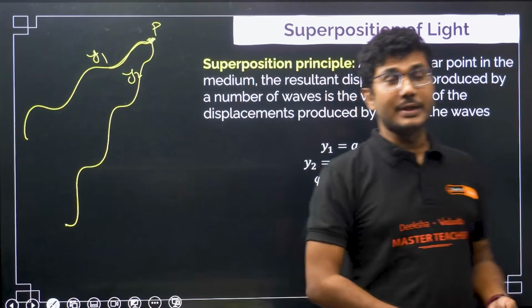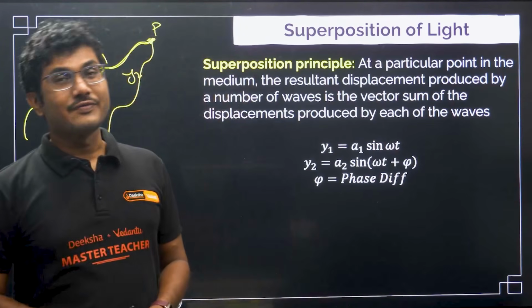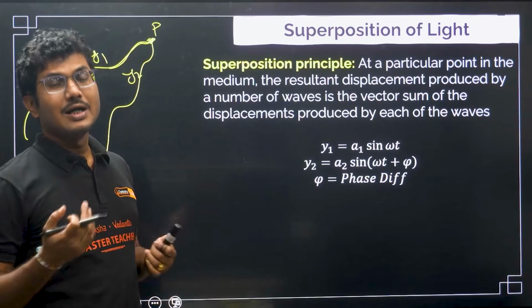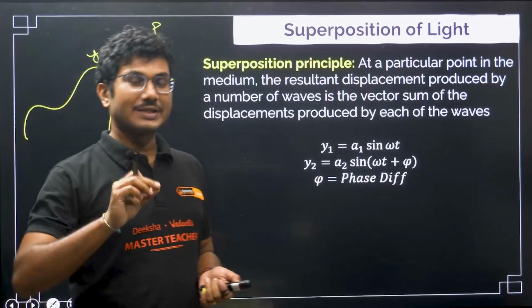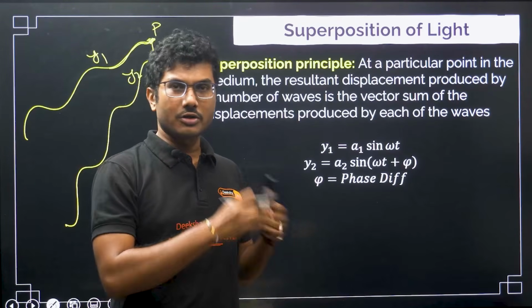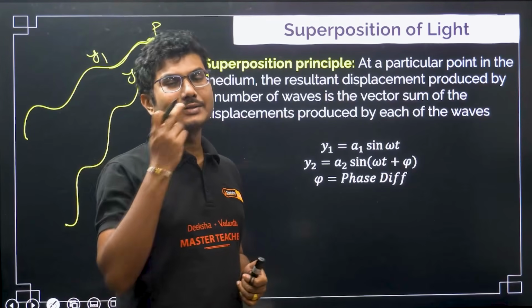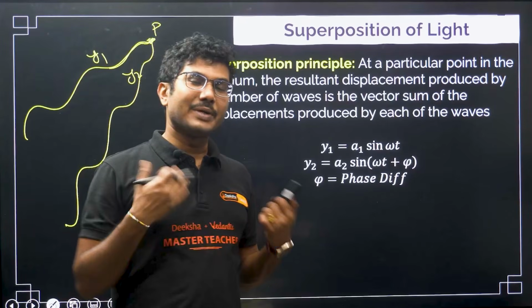If the phase difference is constant, then it will be coherent light. If the phase difference varies, if it is not a constant term, then it will be incoherent light. If phi is constant, say 5 degrees or 10 degrees, it will be coherent light, but in some cases phi may be a function of time, or phi can be a random number.